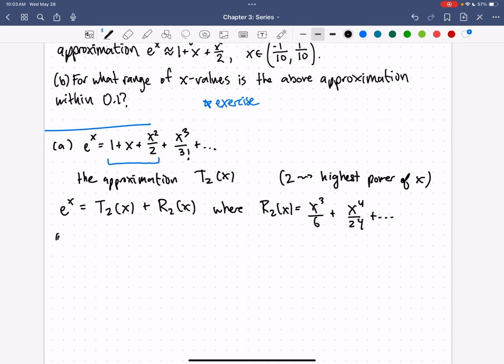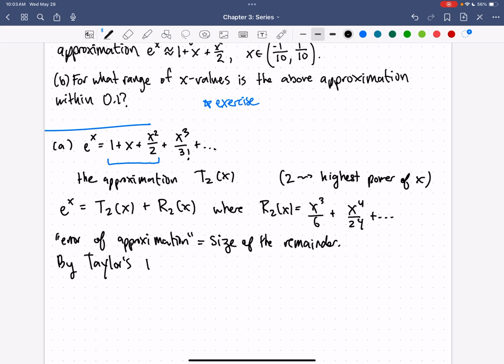Then the error of the approximation is going to be the size of the remainder. By Taylor's inequality, we can get an estimate for how big this remainder is.